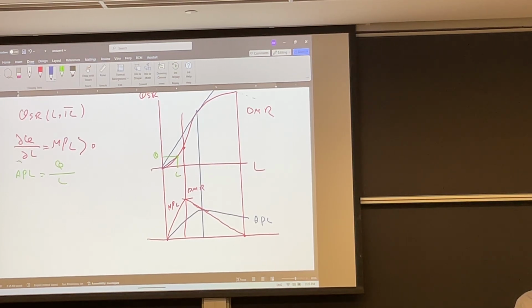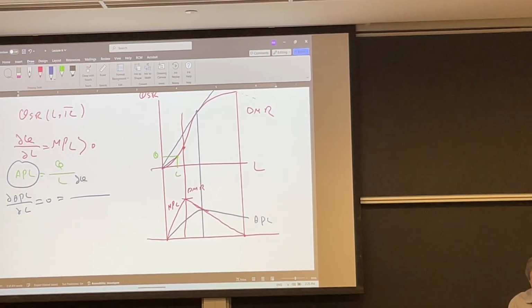Think about this one. Suppose you don't even know what MPL, APL is. Someone asks you to maximize that one. What do you do? You take the derivative. Right? That's what you do. If you take the derivative of a ratio, how will that be?